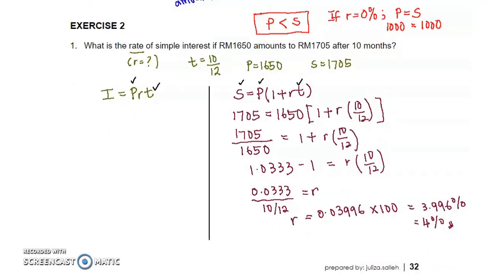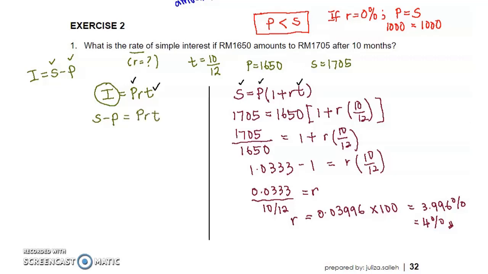Now let's look at the formula I equals PRT, whether we can use this formula or not. We have value P and value T. How about value I? We know that I equals S minus P. In this question, we also have value S and value P. So we also can use the formula I equals PRT to find value R. If we expand this formula, I equals S minus P, which is the value of interest.